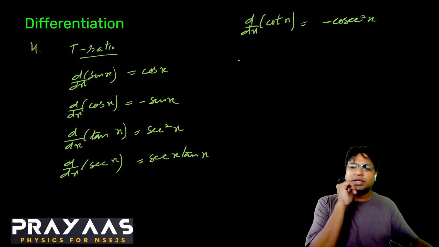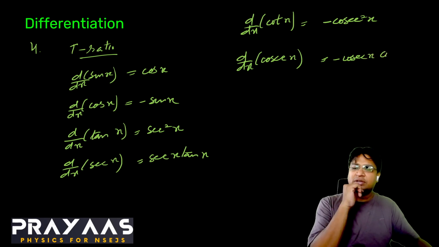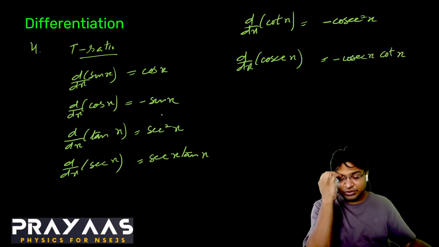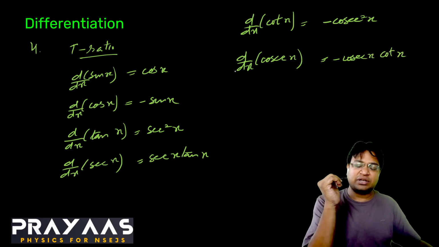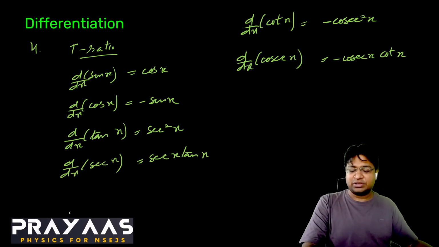And then d by dx of cosec x is minus cosec x into cot x. So these are the six formulas that you have to learn. Please learn all of these. So that was the derivative of the trigonometric functions.